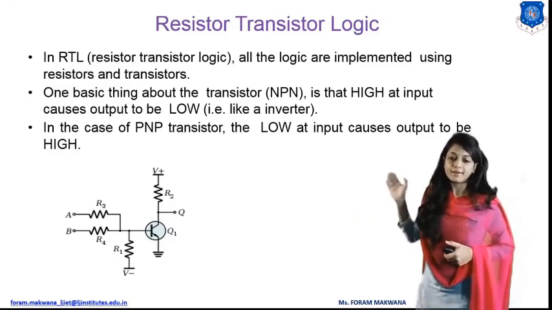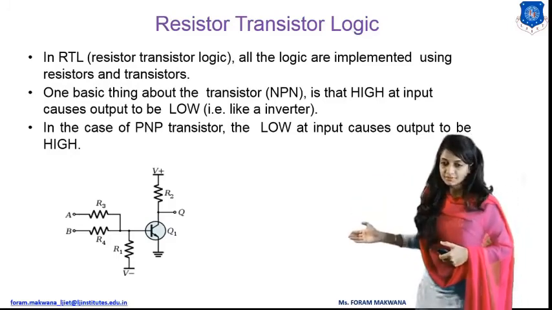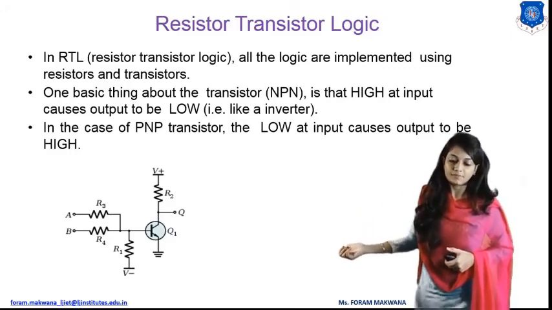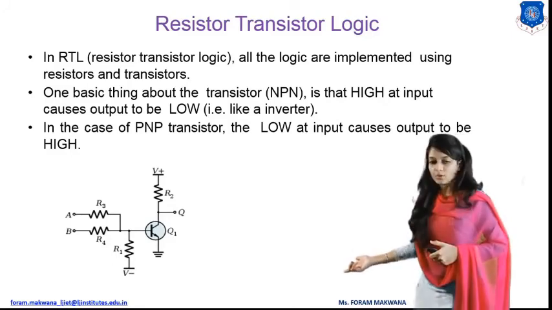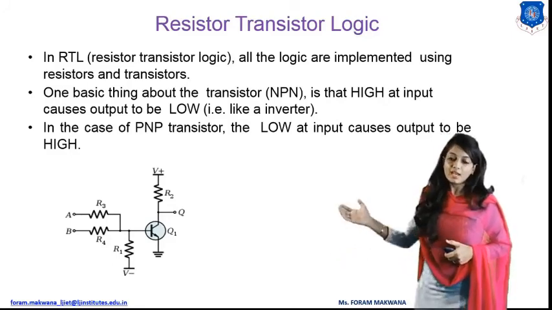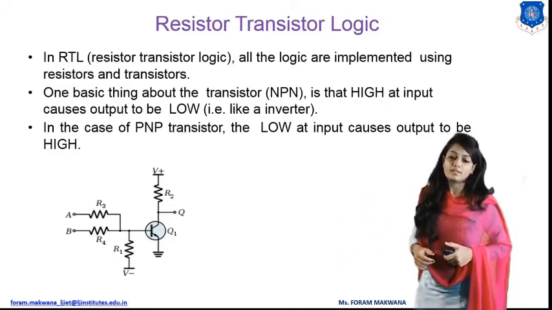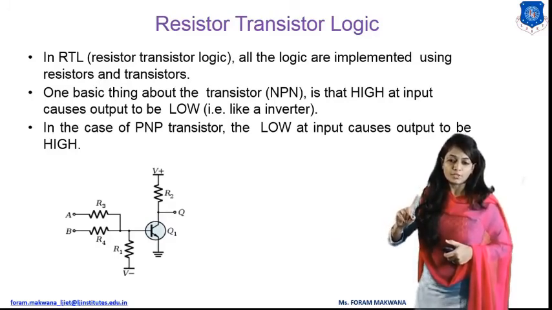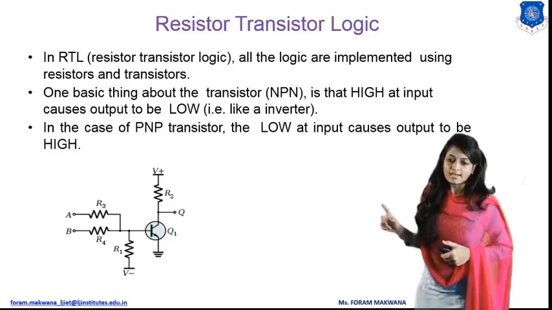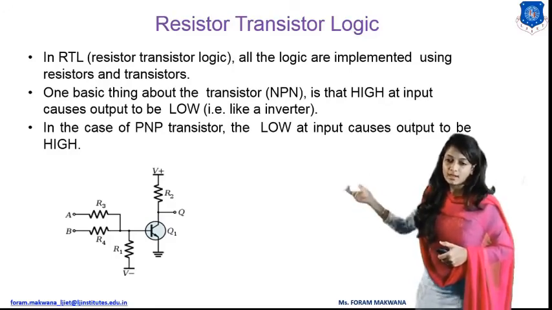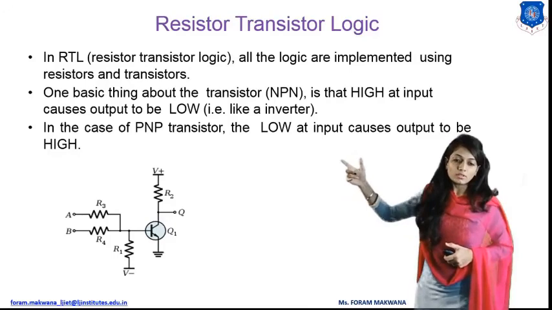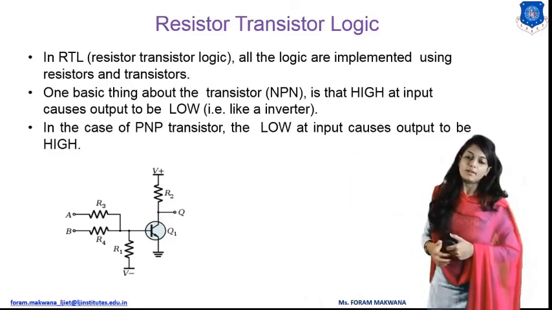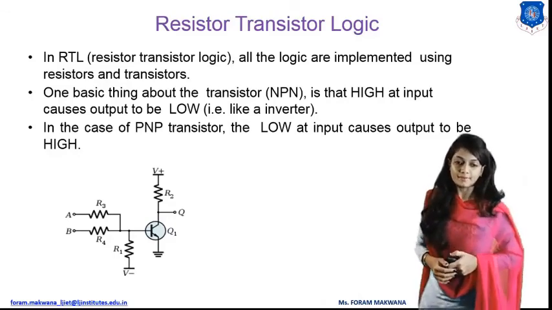It is a common emitter configuration, as my emitter is grounded. As I apply the input signal, there are two inputs, A and B, and one output, Q. Based on the state of my input, whether I apply logic 0 or logic 1, my transistor is going to operate. Alright?